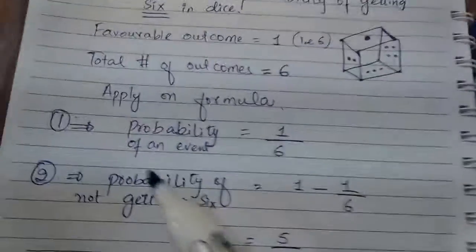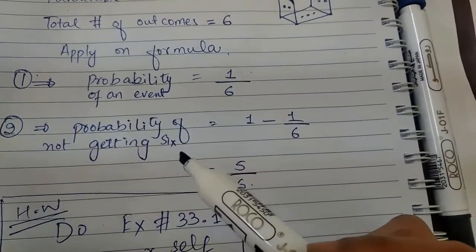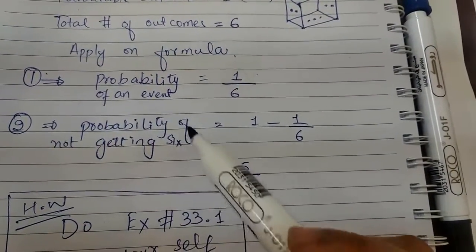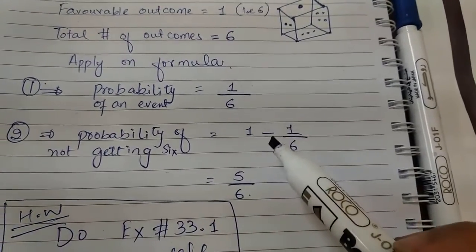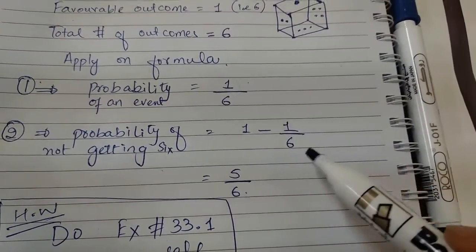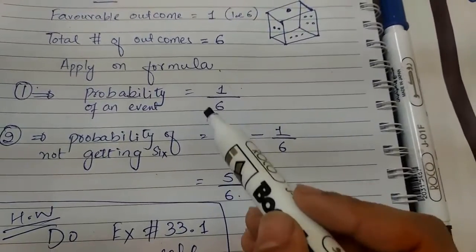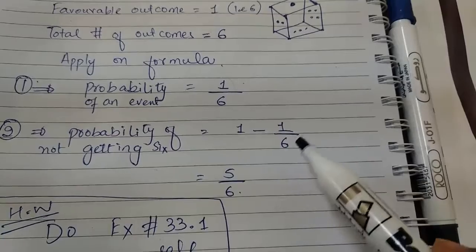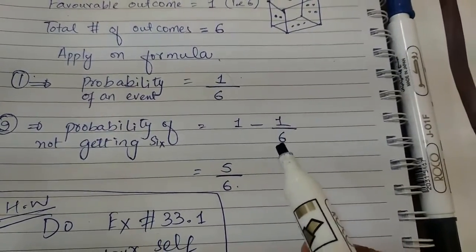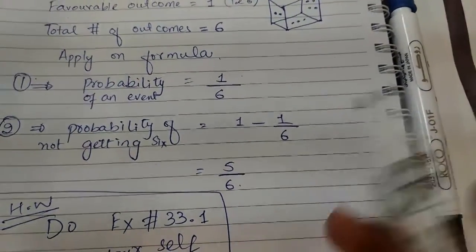The probability of not getting the favorable event, which is 6, is 1 minus the probability of the event, which is 1 by 6. Now simplify this fraction: 1 minus 1 by 6 is 5 by 6.